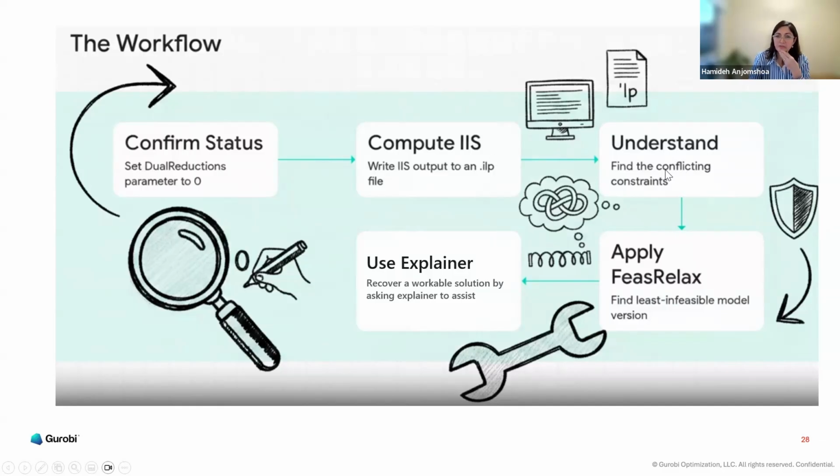Look at them, understand what is conflicting with what. Does it make sense to you as well? And then you can start to apply feasRelax to see which constraints you can relax. And at the end, use the explainer to recover a workable solution, so you have something in your hand when you're meeting and helping your stakeholders to make a decision.